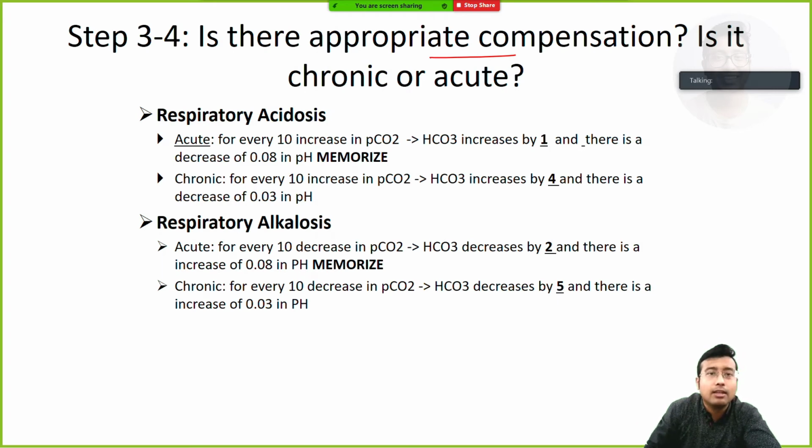The question arises, acute or chronic? Acute means a sudden change in pH, or chronic means the pH change is very slow. Acute means sudden, like sudden acute pain in the tooth, the tooth pain has just started. Sudden chest pain means chest pain has just started. But what is chronic abdominal pain?